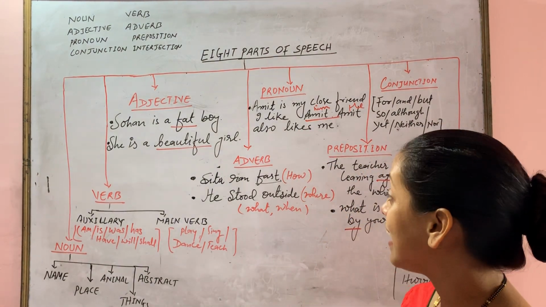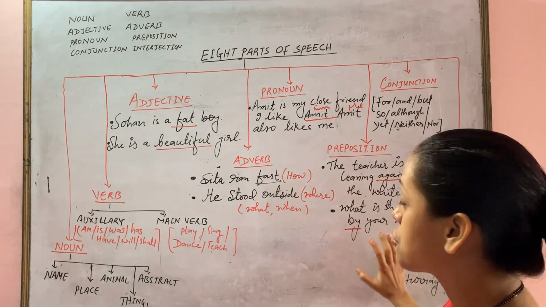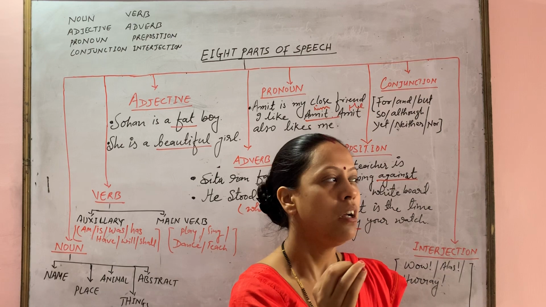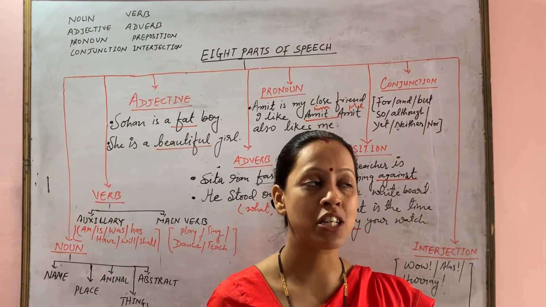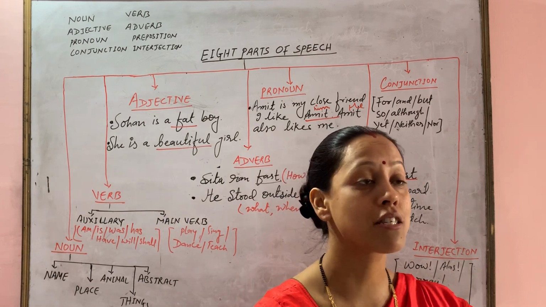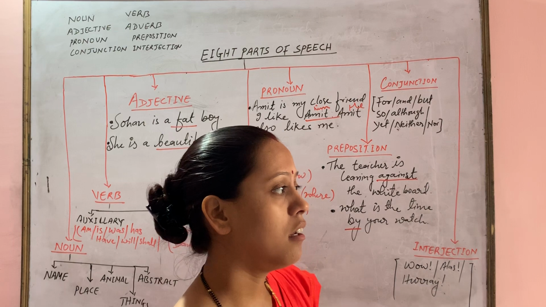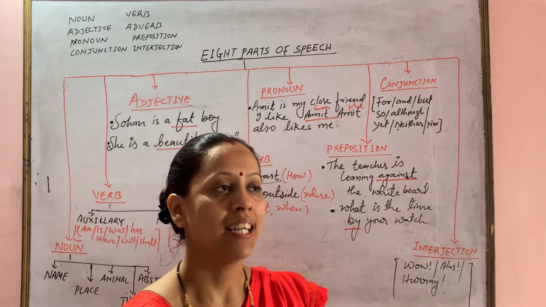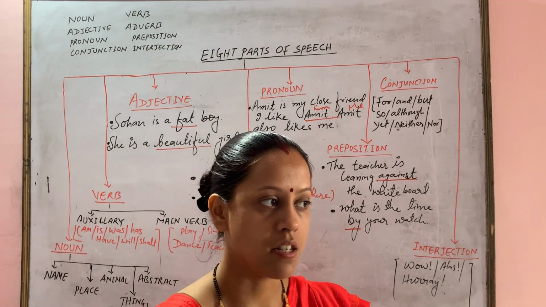Moving on to the next is preposition. Preposition is one of the things that, as I frequently meet students, they always say, Miss, this preposition is the most difficult thing in the grammar portion. Children, preposition is not at all difficult.